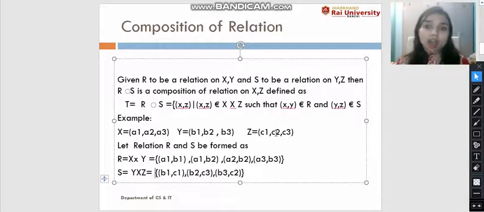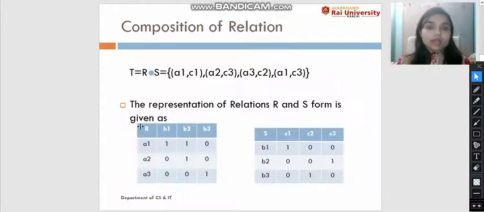The relation R is defined on x and y, and the relation S is defined on y and z, and we have assumed that the value of R is this and the value of S is this. So now the composition of relation on R and S is defined as T equal to R dot S, and the elements of the composition of relation are A1 C1, A2 C3, A3 C2, A1 C3.